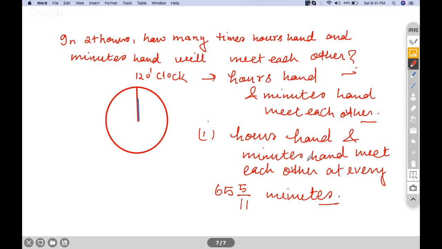So let me know, do you want to know the derivation? If you want to know the derivation, I'll do the derivation. Let me know in the comment box. Let somebody let me know whether you want it or not.